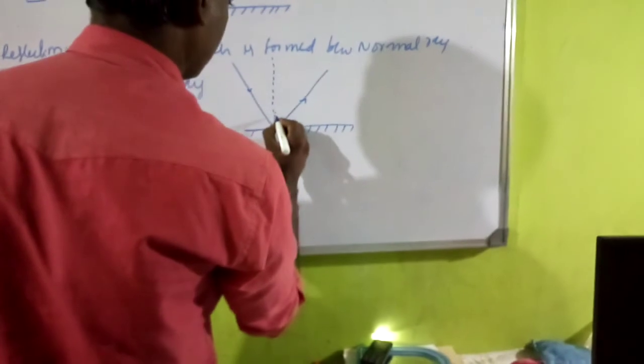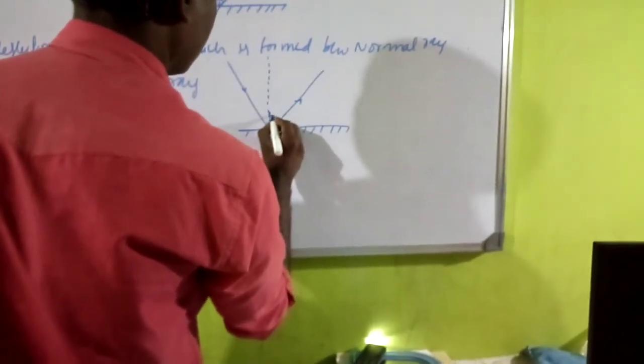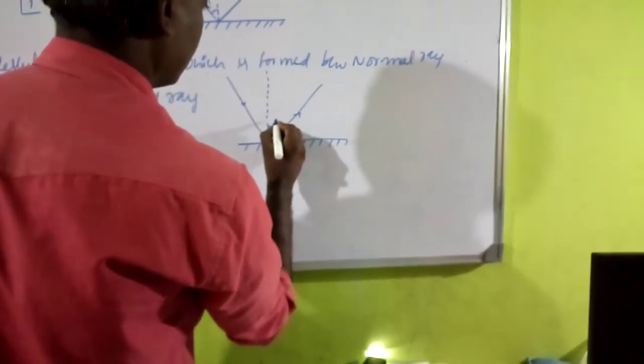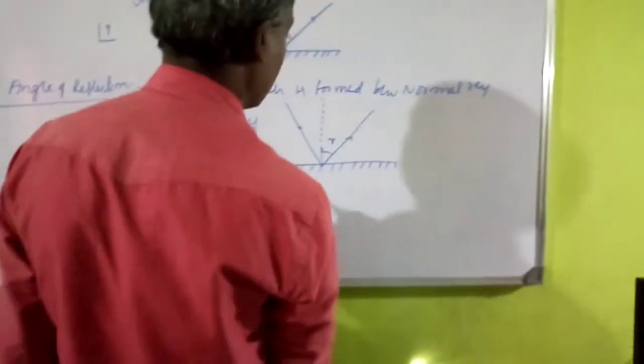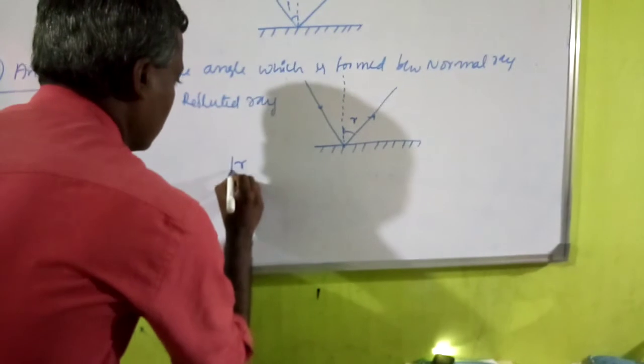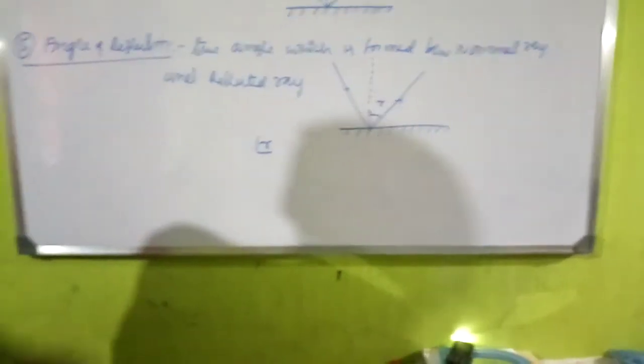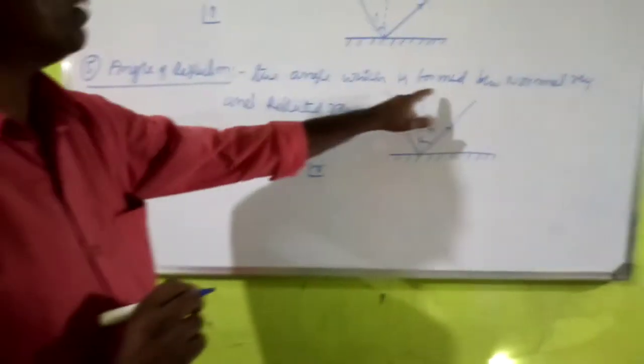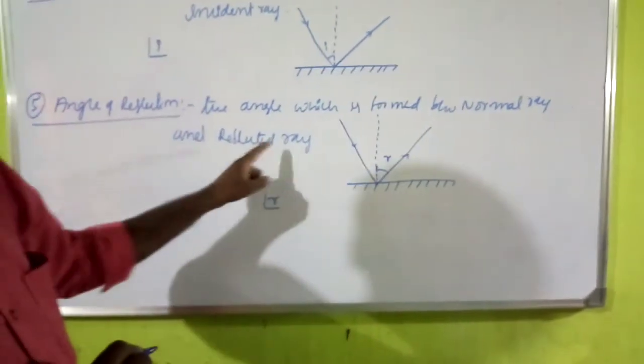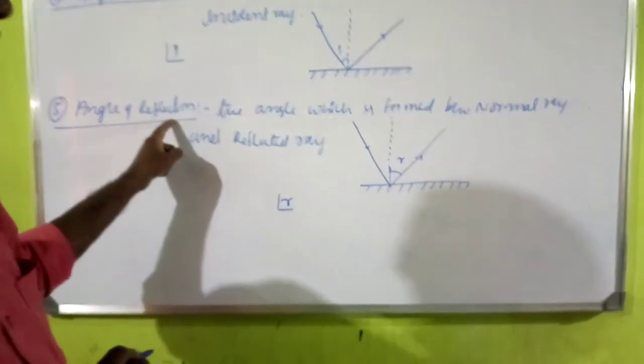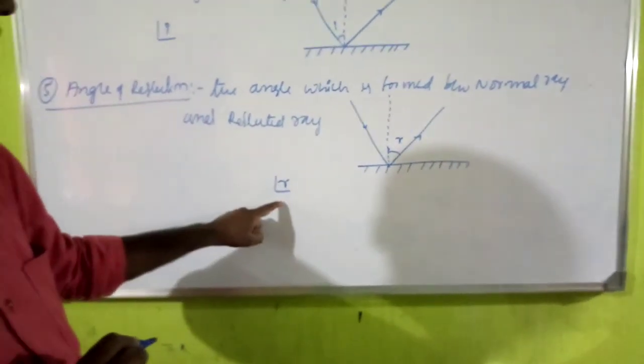The angle between the normal ray and the reflected ray is called the angle of reflection and it is denoted by small r. Okay students, the angle which is formed between the normal ray and the reflected ray is called the angle of reflection, and it is denoted by small r.